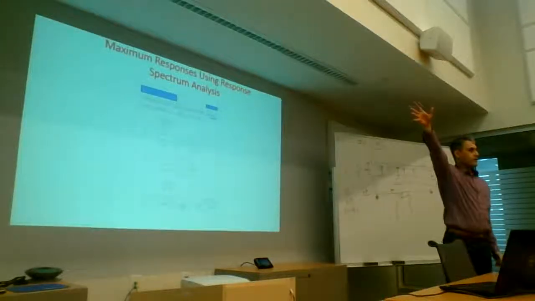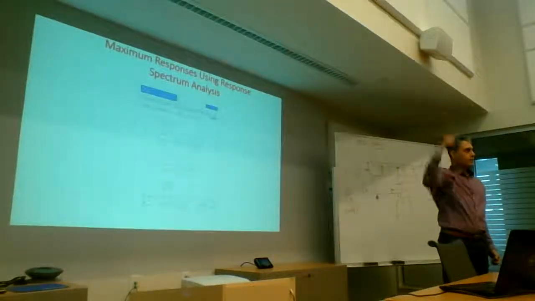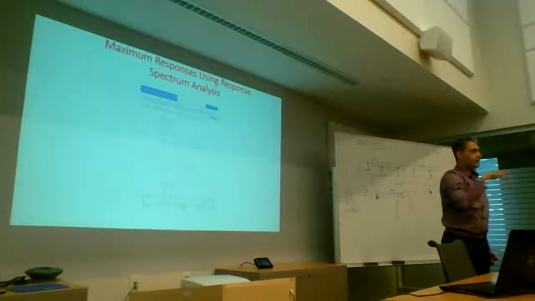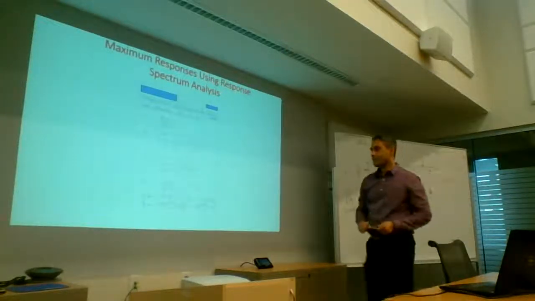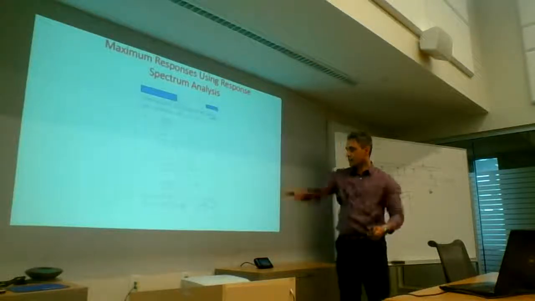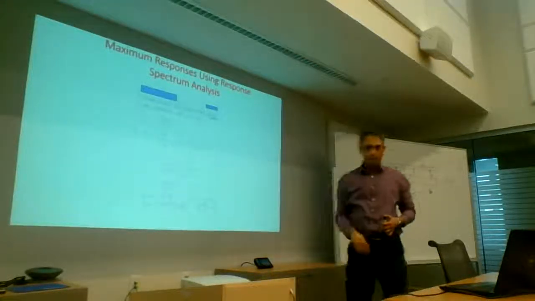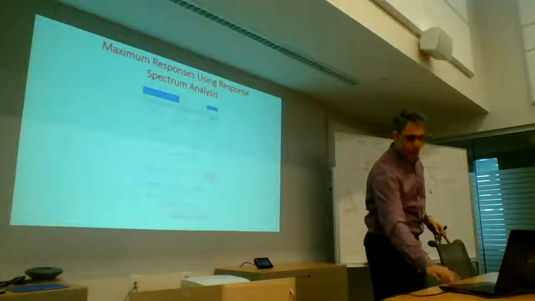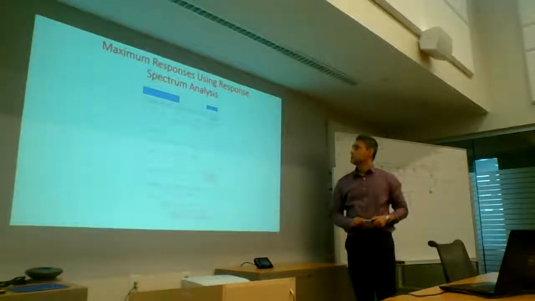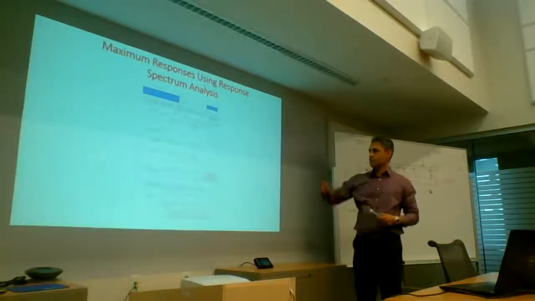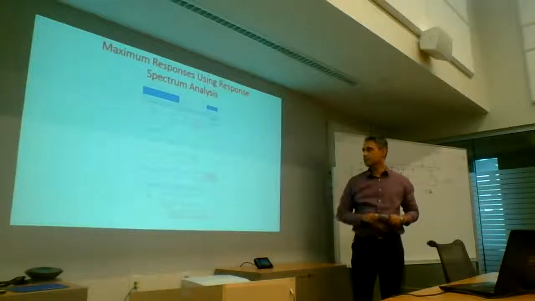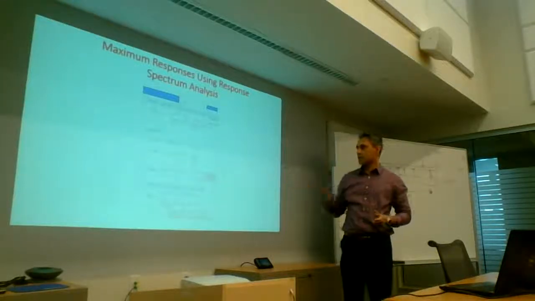So you can come up with a phi however you want it. Your P will be different every time, but the multiplication will come out to be the same. Okay, so then you can get your maximum U1.